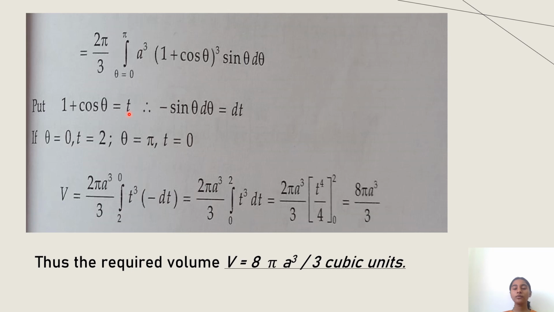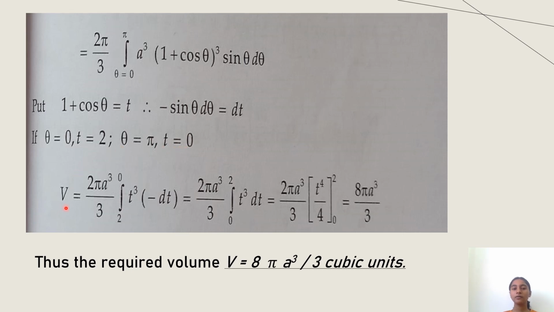Then differentiating with respect to theta, we get minus sin theta d theta equals dt. Here we have to substitute the limits. If we substitute theta equals 0, we get t equals 2. And if we substitute theta equals pi, then we get t equals 0.